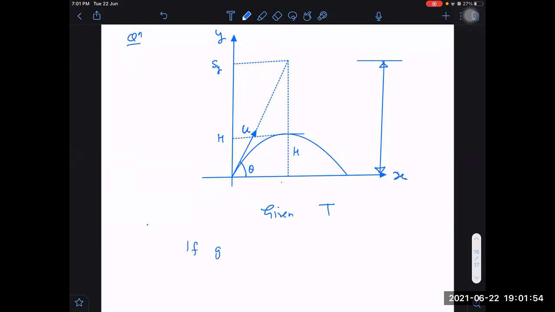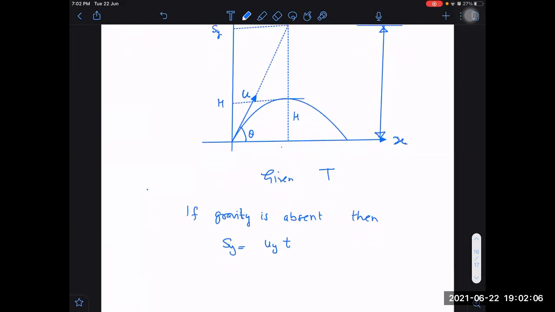If gravity is absent, then displacement along the y-axis will be just uy into time. What would it be? U sine theta into what time? Half the time of flight, t by 2.